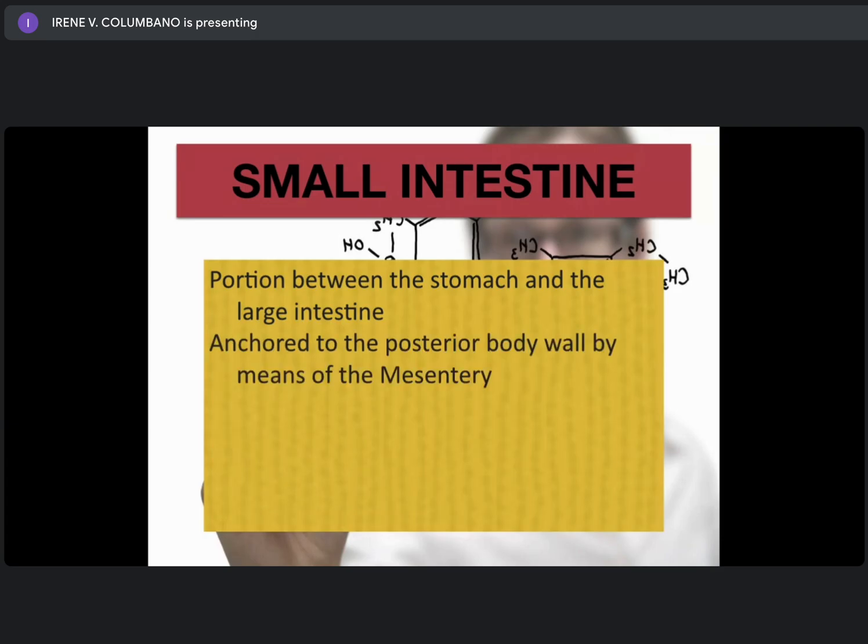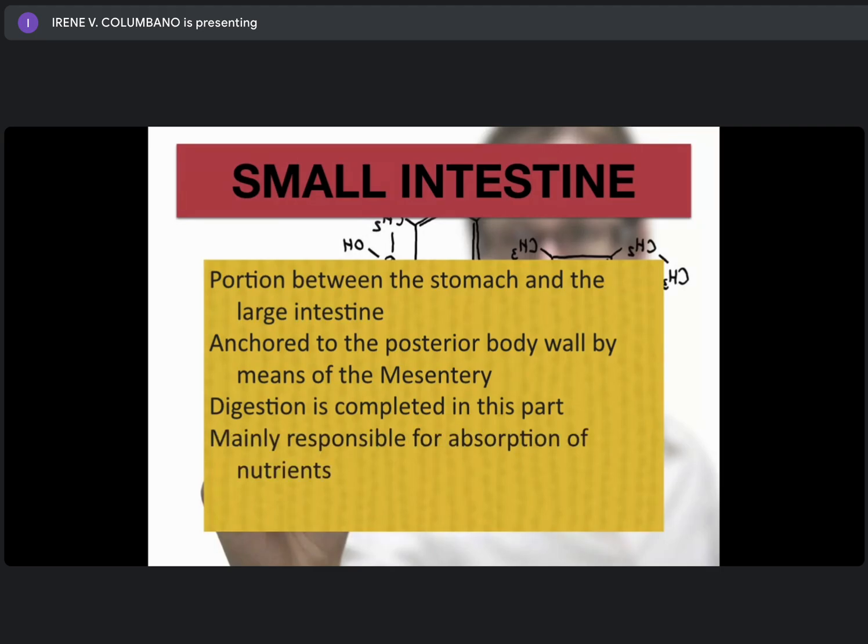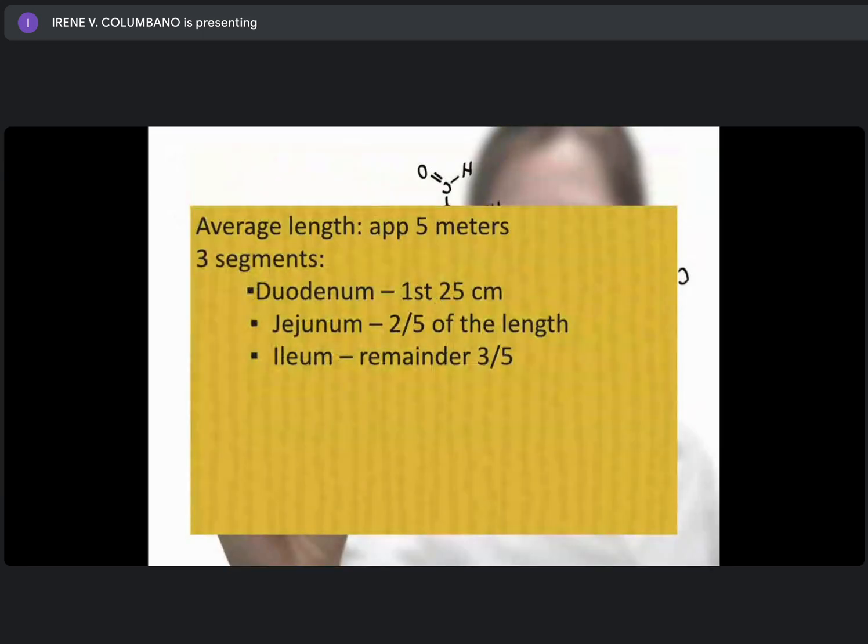Anchored to the posterior body wall by means of mesentery. Digestion is completed in this part. So, dahil natapos na ng stomach yung digestion, ang gagawin na lang ng small intestine is absorption ng nutrients. Okay?